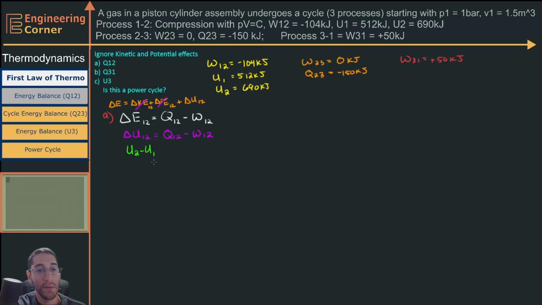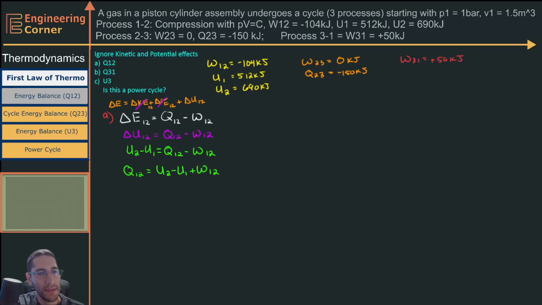So 2 minus 1 is our change in energy in this process. Then this is equal to Q, our heat transfer from 1 to 2, minus our work from 1 to 2. Now we're trying to solve for our heat transfer. So Q 1 to 2 is equal to U2 minus U1 plus W 1 to 2.